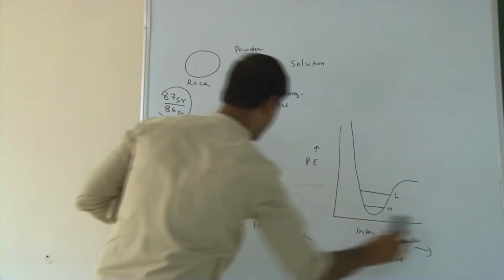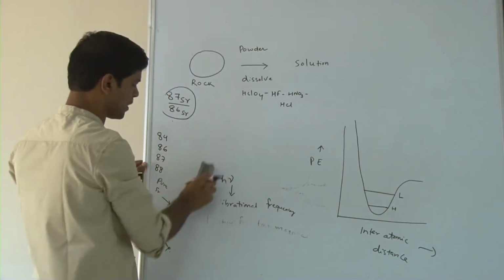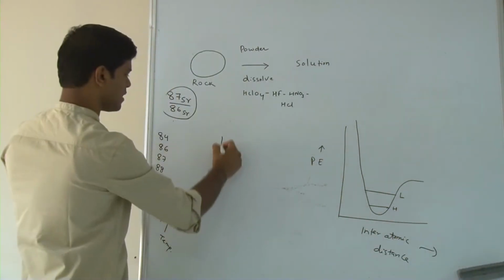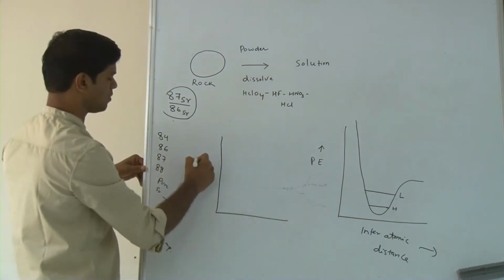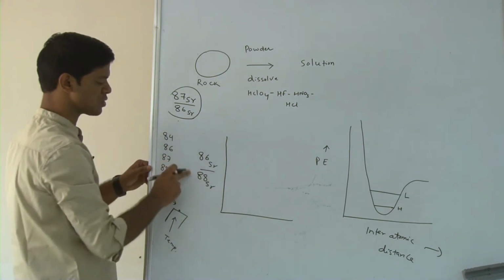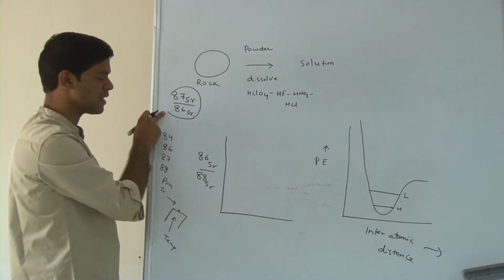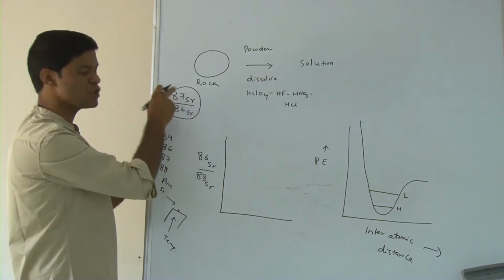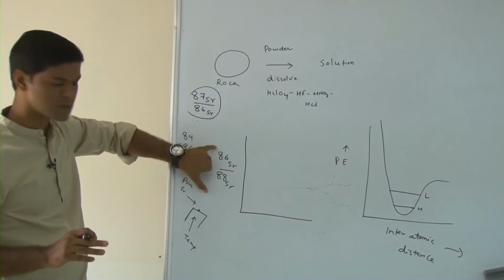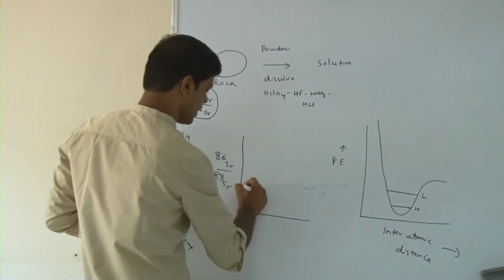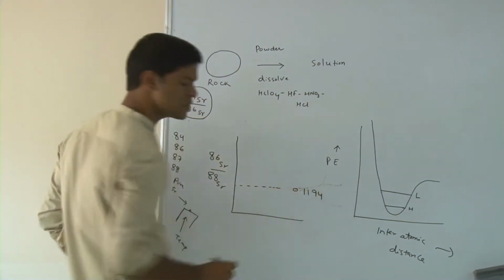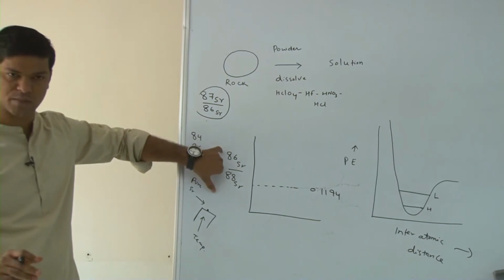So, when you measure a particular stable isotope in a mass spectrometer, let us say you are measuring the stable isotope ratio 86 strontium by 88 strontium. Remember, this ratio is very different from 87 strontium by 86 strontium, because there is a radiogenic part involved. For the stable isotope ratio, we know the true value for 86 strontium by 88 strontium is 0.1194.